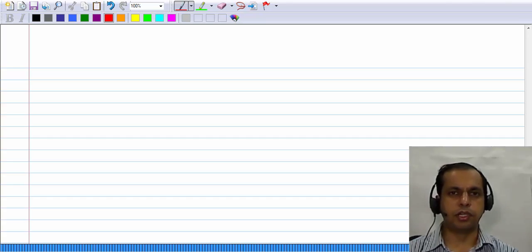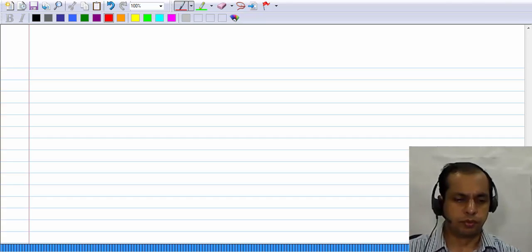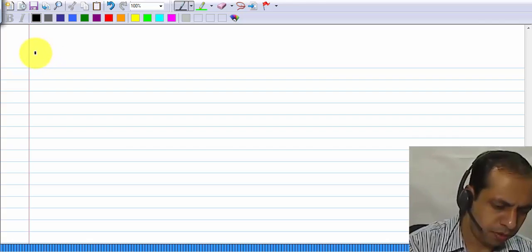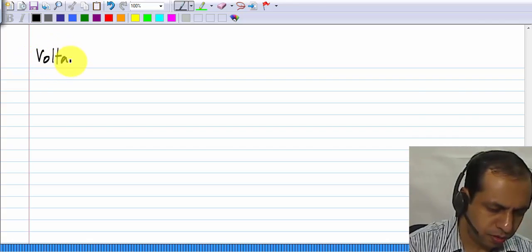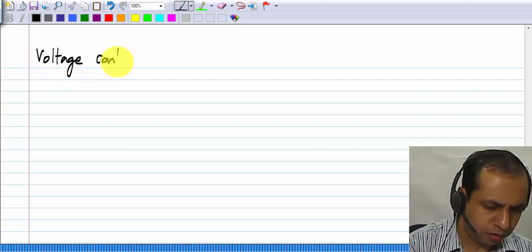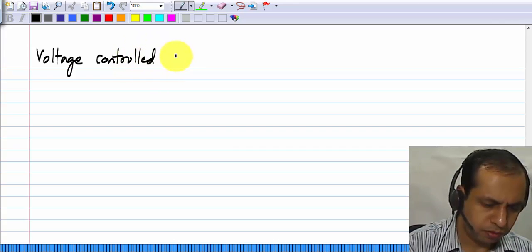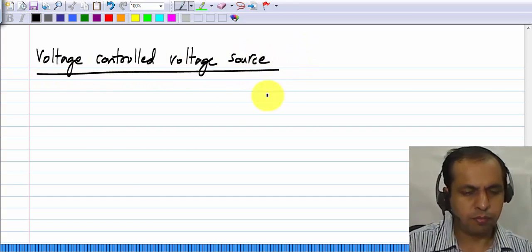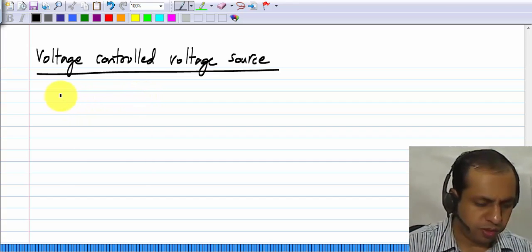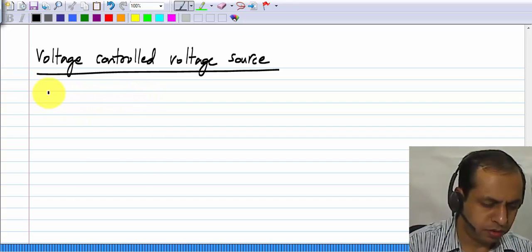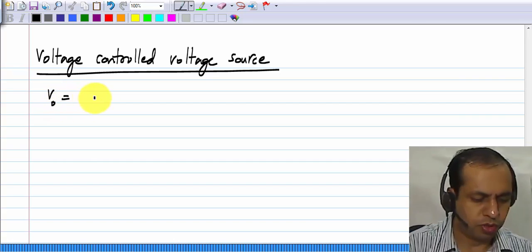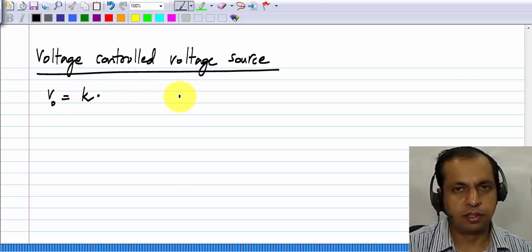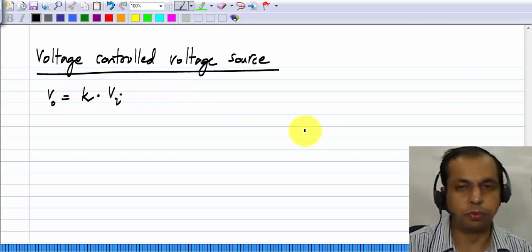Let's first try to realize a voltage controlled voltage source. Now, a voltage controlled voltage source has an output voltage which is some fixed constant times the input voltage.